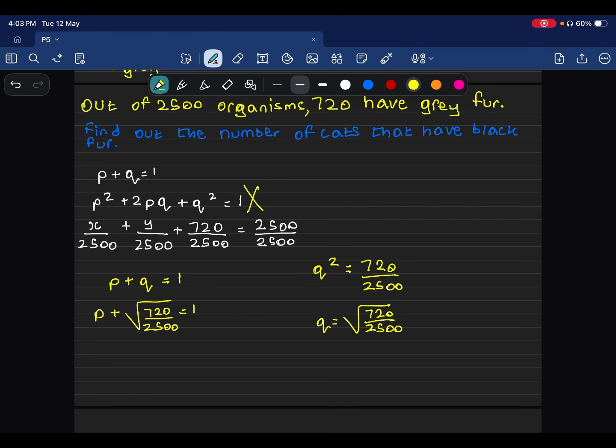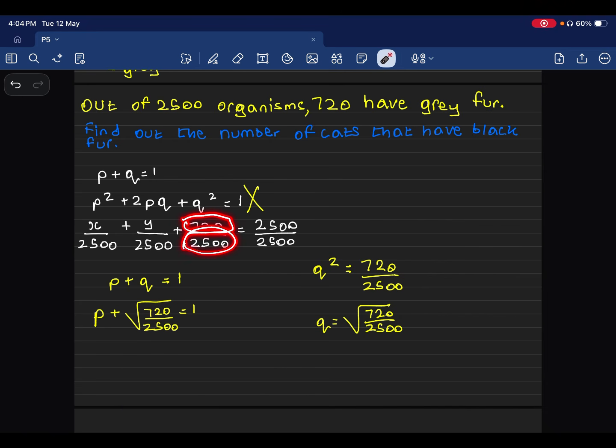Can we now find p? Yes, we can. Now think about it. q squared is homozygous recessive divided by total. So q becomes just the recessive allele part. p is homozygous dominant over total. So this p squared is homozygous dominant over total.